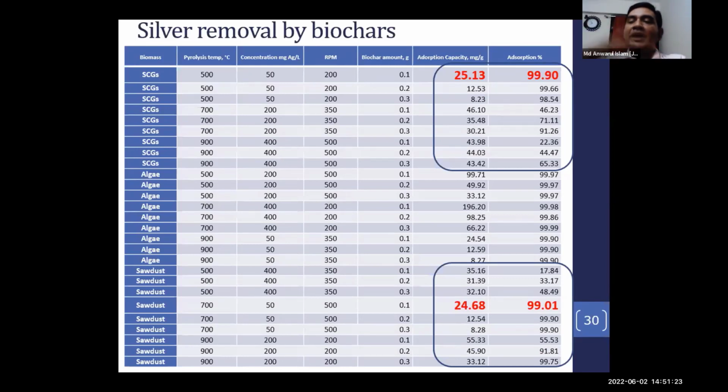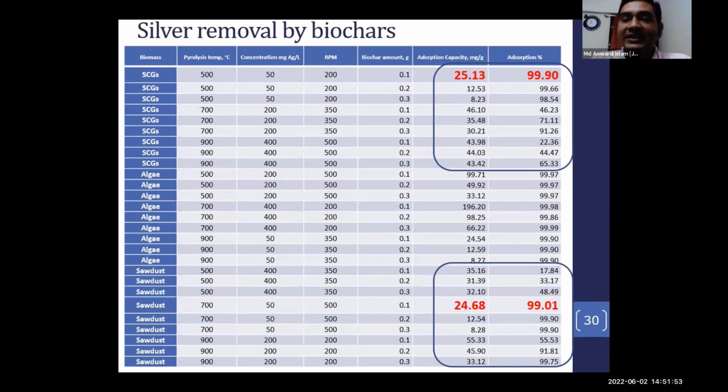But when we compare these two, coffee biochar requires less energy to produce while getting the same adsorption performance. For sawdust, we need 700 degree, which requires higher energy. So this observation can help us decide that coffee biomass is the best biomass among the three biomasses for silver adsorption.